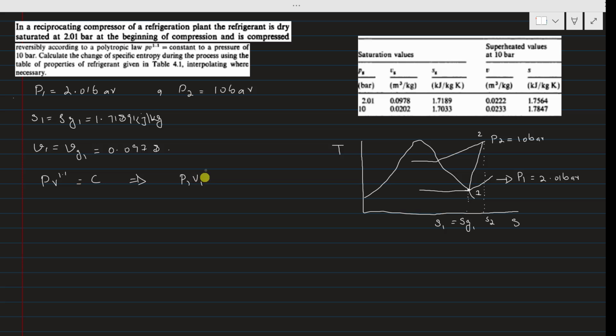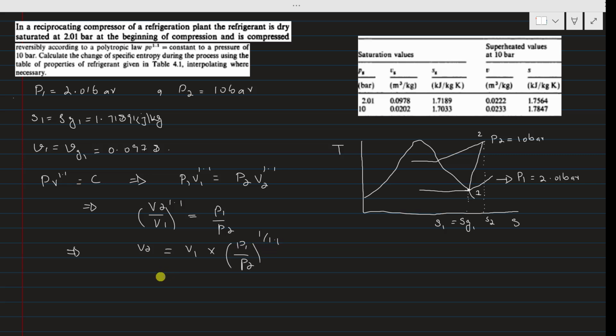So we can write P1 V1^1.1 = P2 V2^1.1. Simplifying, V2 by V1 to the power 1.1 is equal to P1 divided by P2. Upon further simplification, V2 is equal to V1 multiplied by (P1 divided by P2) to the exponent 1 by 1.1.